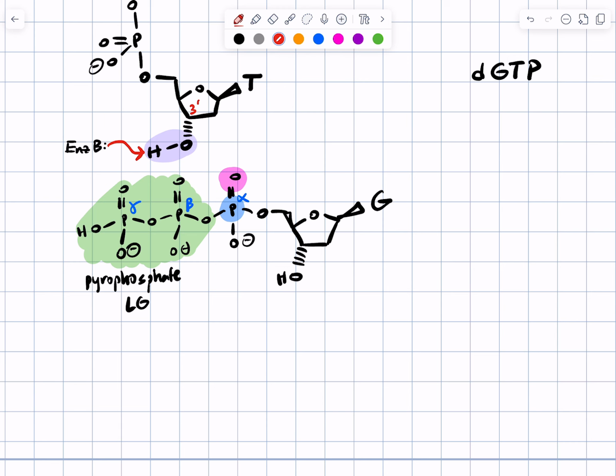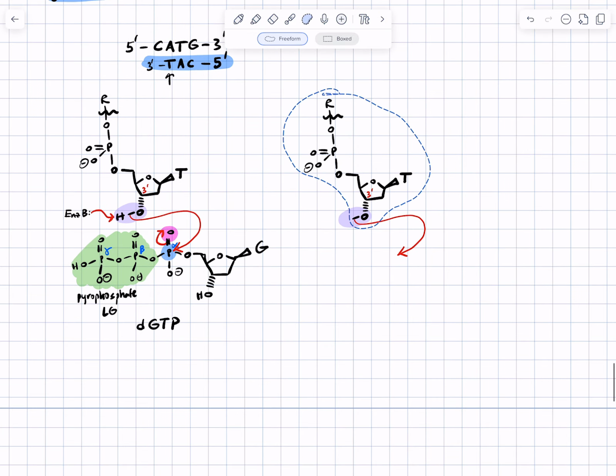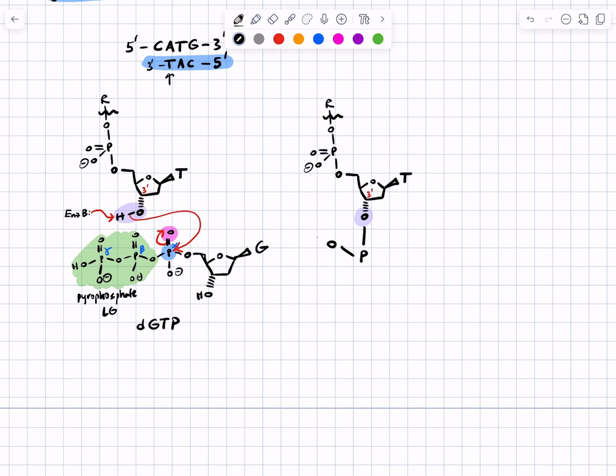So the 3' hydroxyl, after it's deprotonated, attacks the alpha phosphorus of dGTP. That's going to generate an intermediate that looks like this, where that OR group from the 3' hydroxyl is bonded to a phosphorus. That phosphorus should now be bonded to five different things.